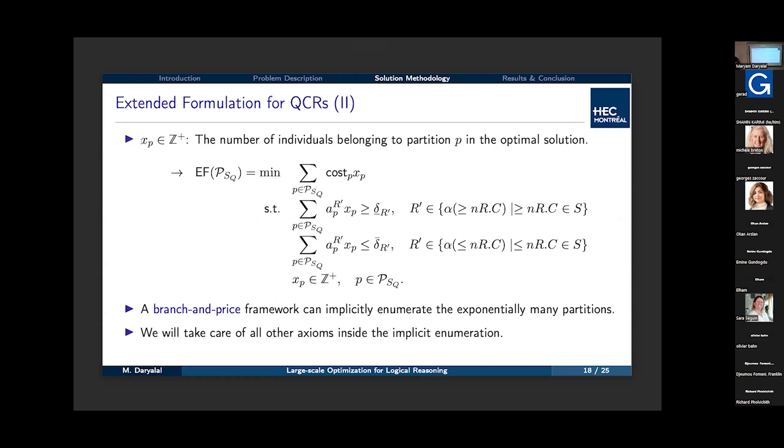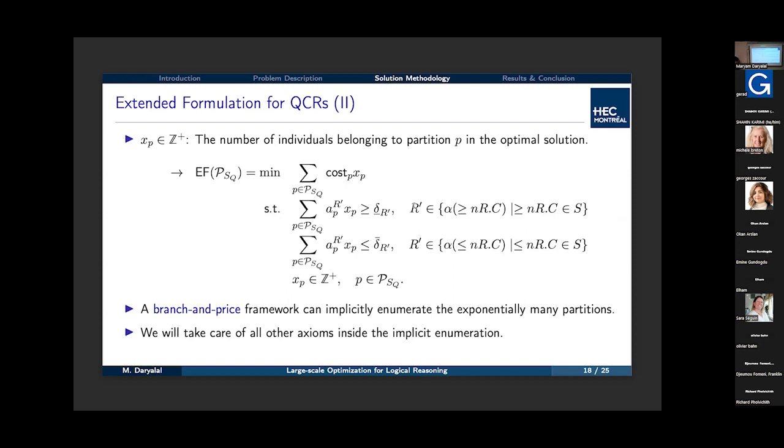I'm defining XP as an integer decision variable that tells me how many times this partition is found, so every one of these XPs would correspond to one of those V decision variables. And then I want to minimize the number of concepts that I find at the end, because I want to find a minimal solution.